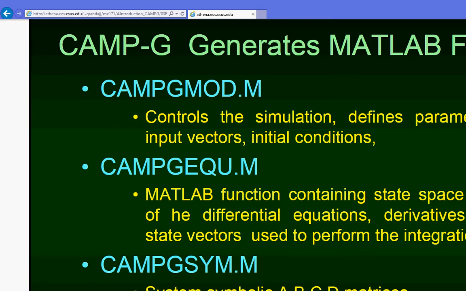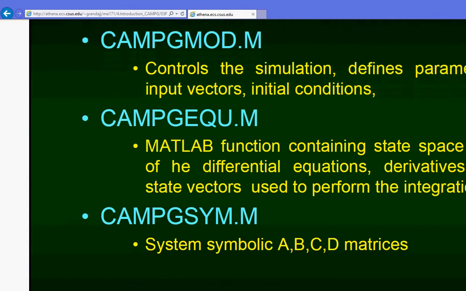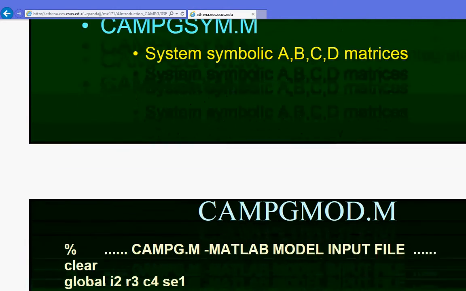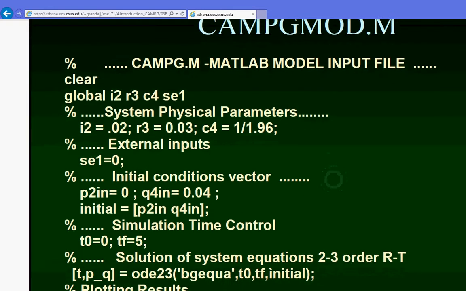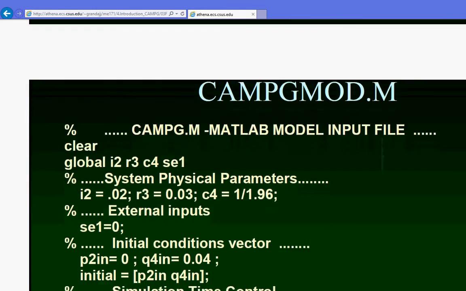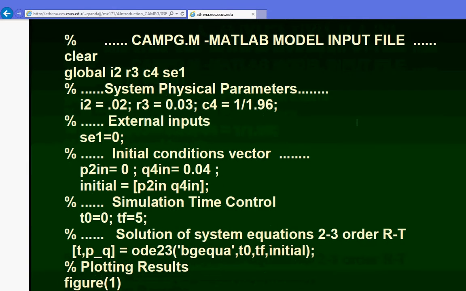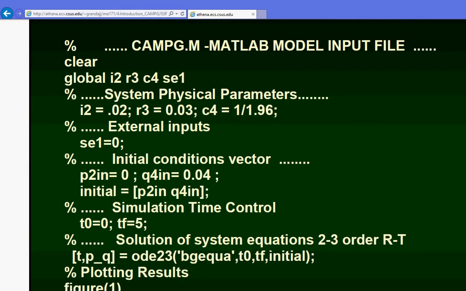In this particular case, you see, the computer gives you an opportunity to initialize the values right here, to specify what your inputs are, the initial condition vector, and then you have simulation time control, meaning you have the T0 and TF.